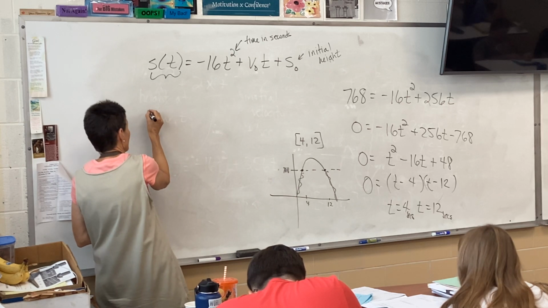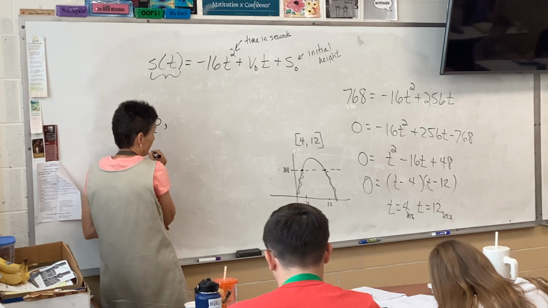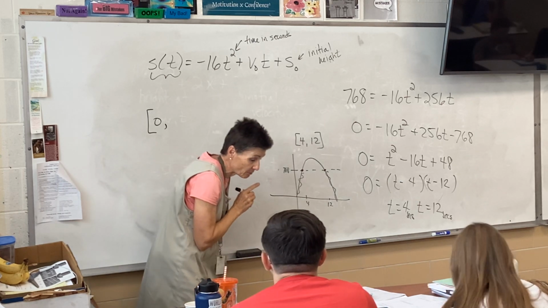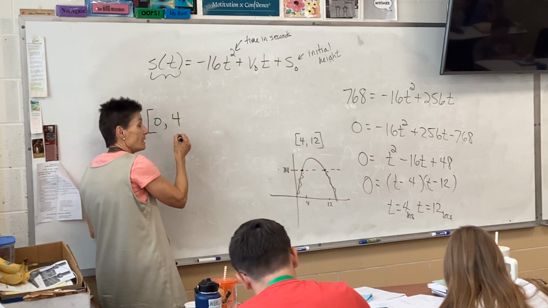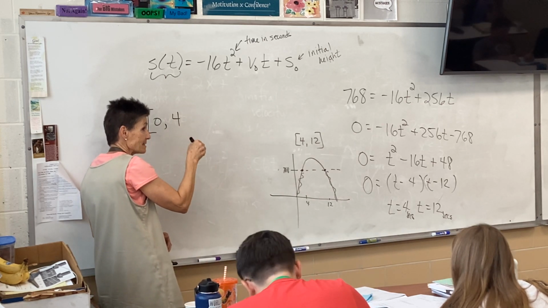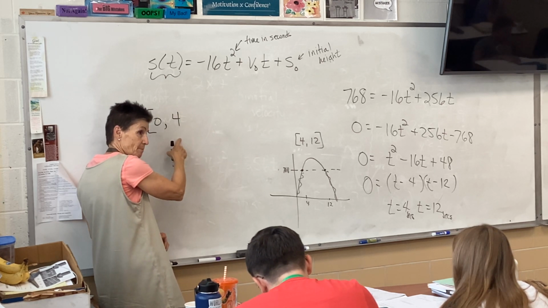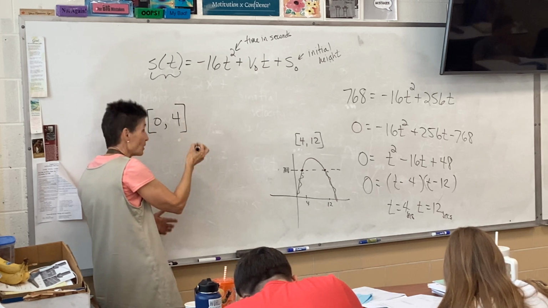So what's my answer going to be for part C? 0, comma, 3, 9, right? Now, I think it says less than or equal to, so I'm going to go ahead and put 4. If it just said less than, I would still put 4, but I would use a parenthesis. But since it says or equal to, I'm going to do that.